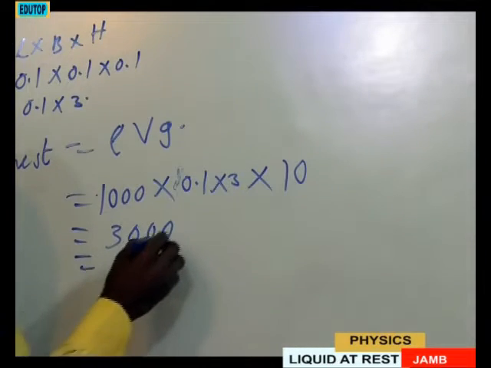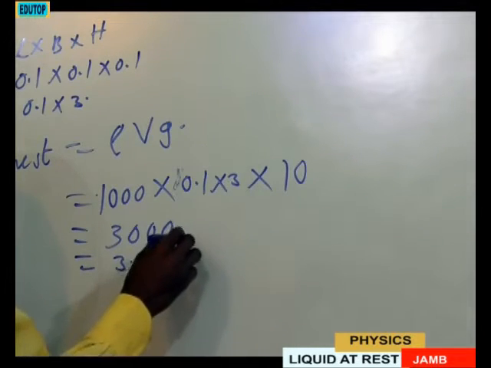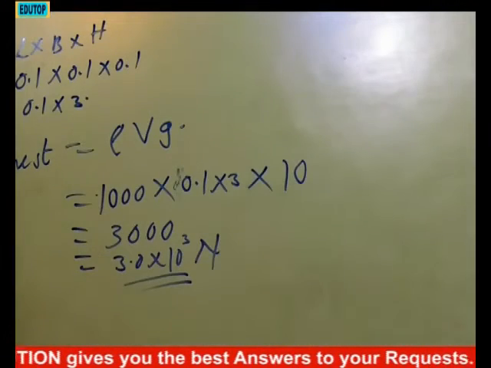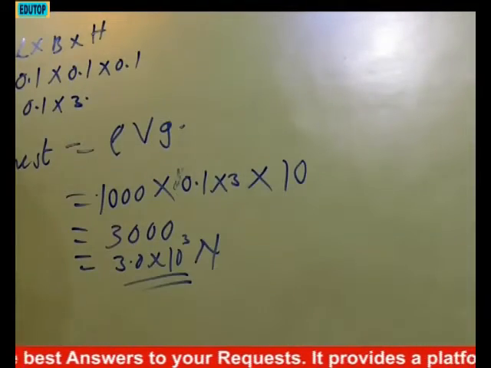And this is equal to 3.0 times 10 to the power 3 Newton. And that is the up thrust that will be exerted on the cube.